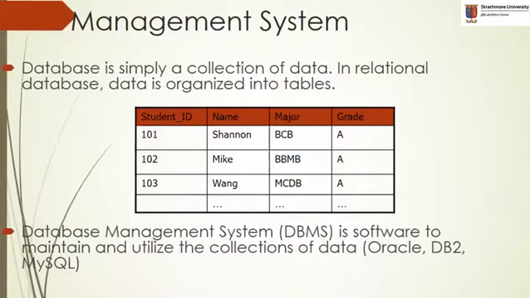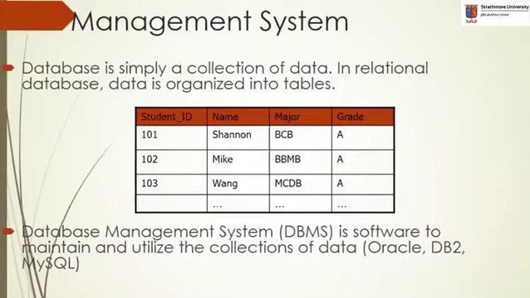The other thing to note is that for each of the attributes, you can have values. Like for the student ID, we have the values of 101, and we also have the values of 102, 103, and you can have as many other values. So this is a way of having a database which stores data in tables.